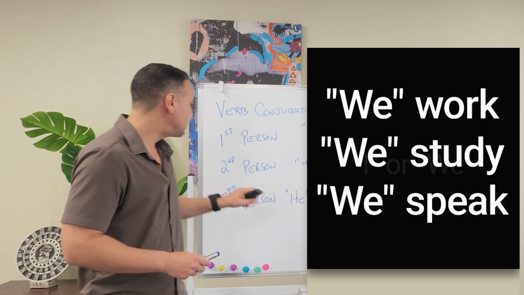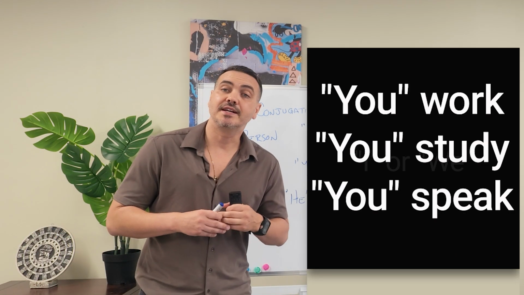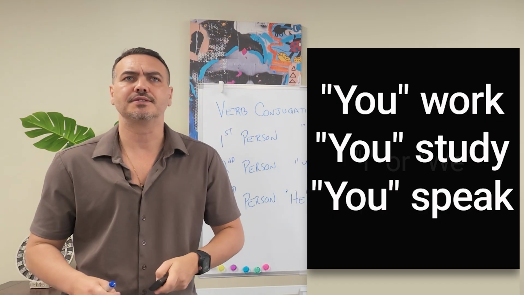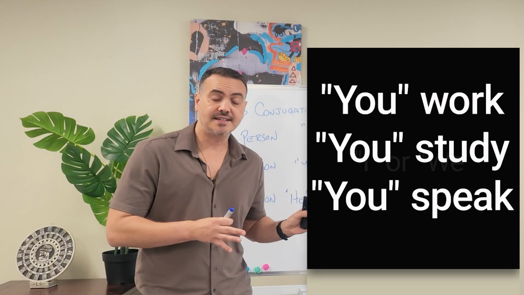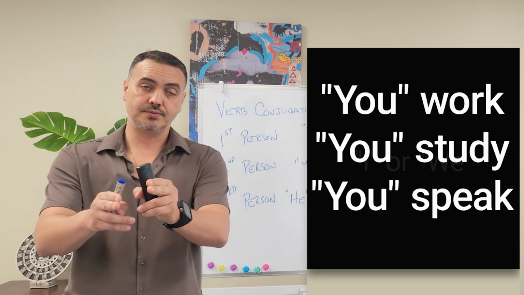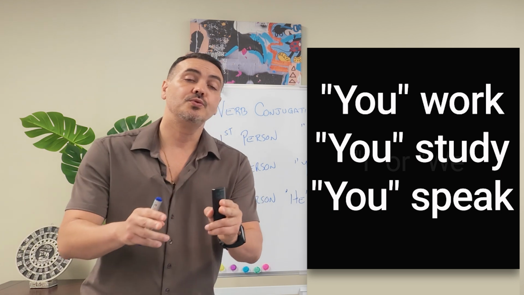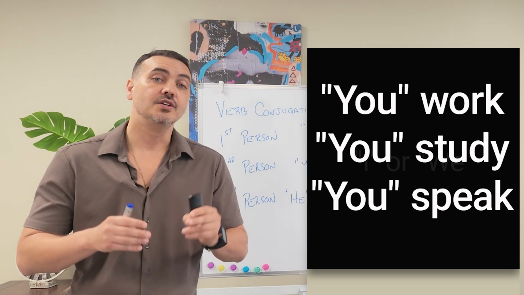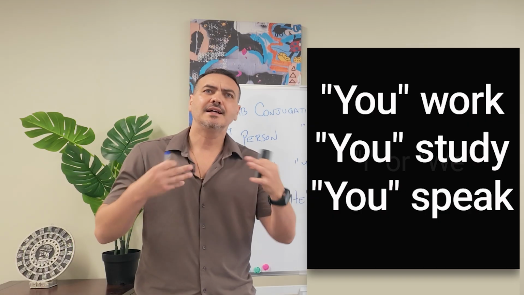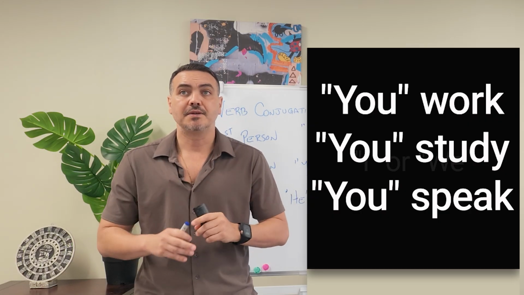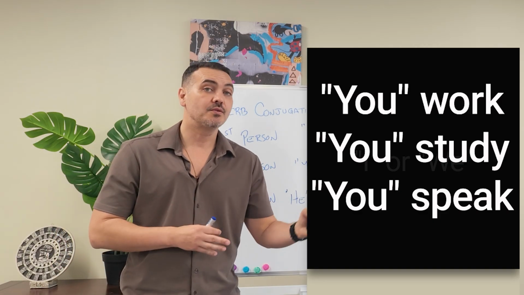When we go to second person, the second person is used when I'm speaking directly to another person. The subject of that sentence is you, okay? You work. You study. You speak English. And in English, you can mean one person, or it can mean more than one person.